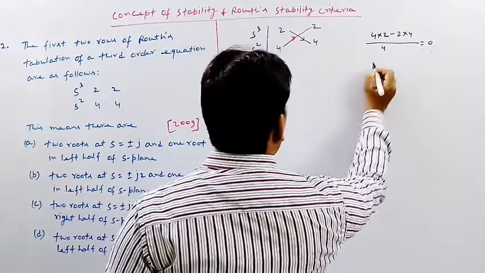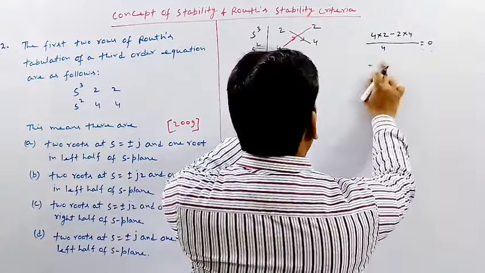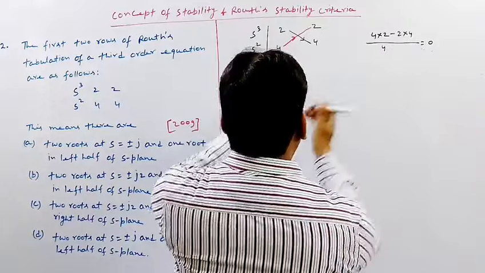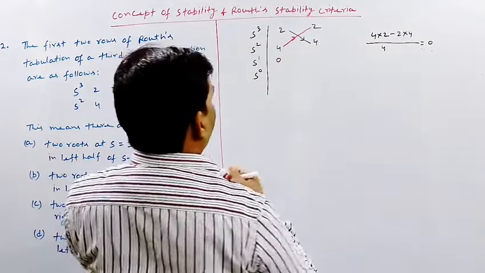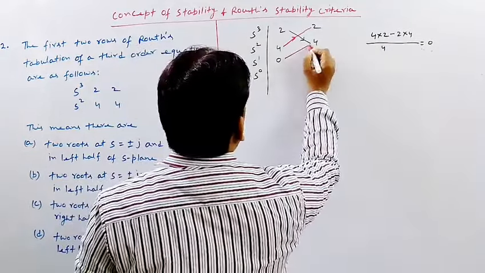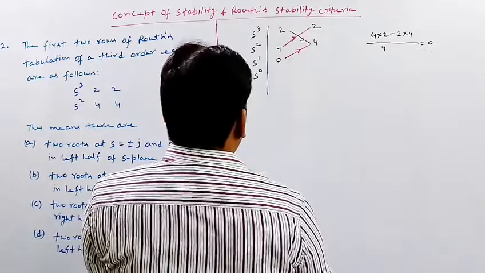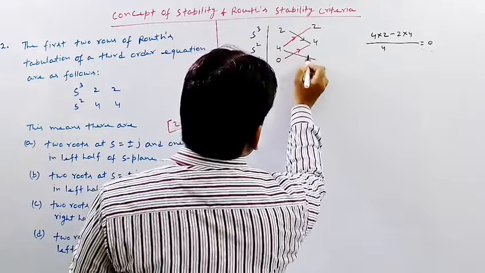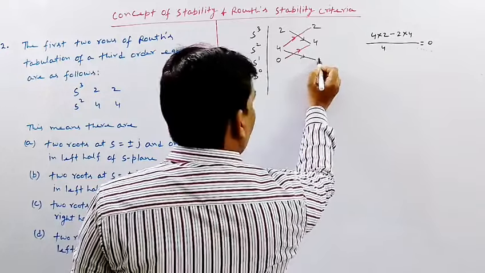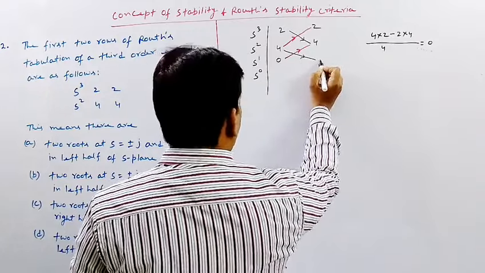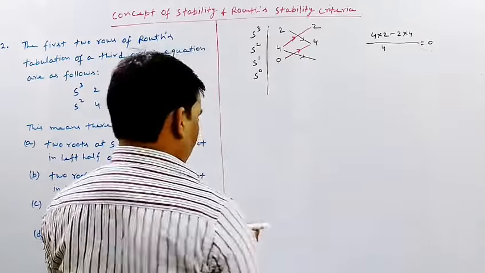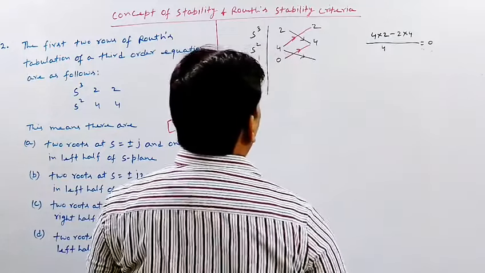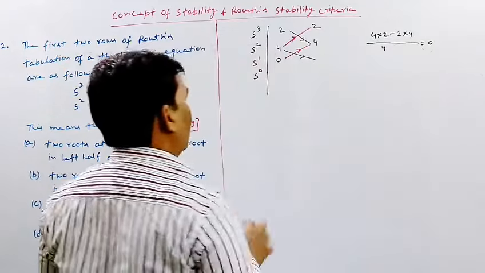Since there is nothing here, we take this as 0, and here also we take 0. So what will happen?